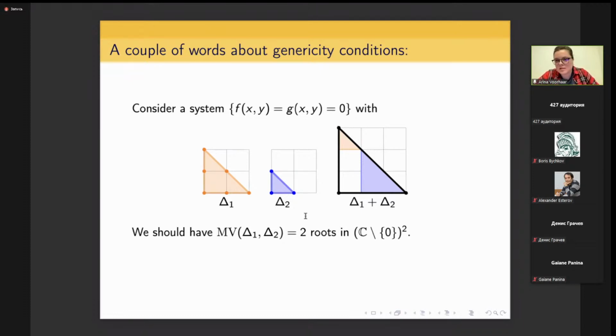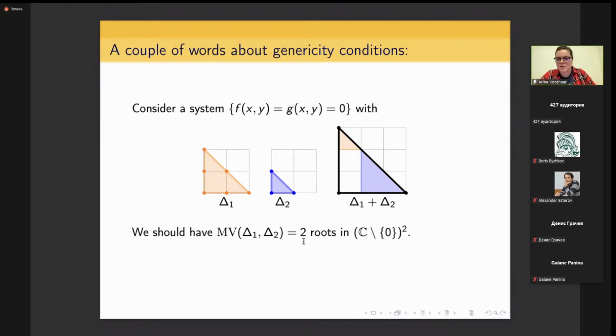And that makes sense, because if you intersect a conic and a line, that's what you will get. But of course, if you imagine intersecting a conic and a line, there can be many outcomes. Typically, it's going to have 2 points of intersection, and all of the coordinates of these points are going to be non-zero, which will give you 2 roots in the algebraic torus.